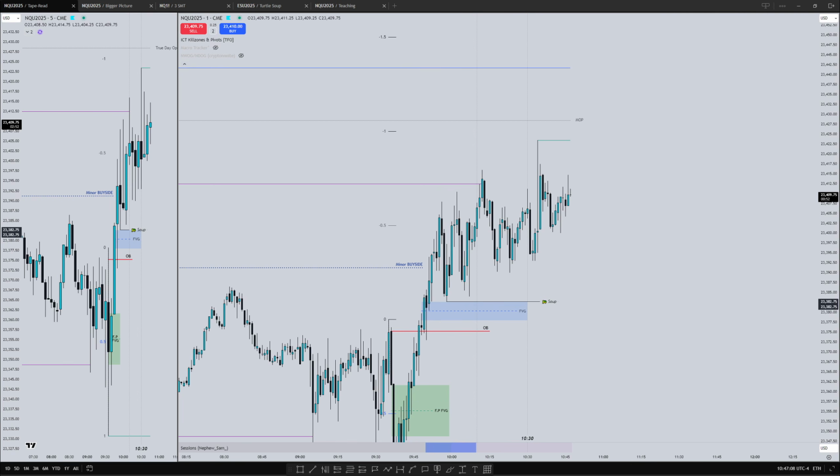I can't really go up to a 4-hour or a daily as much on a consolidation week. It's going to be more relying on the 1 hour and the 15, but sometimes having a flexible bias and just letting the opening range play out is really all you need to do. But make sure you review the journals, review the technicals from this week, see if there's anything you can improve on.